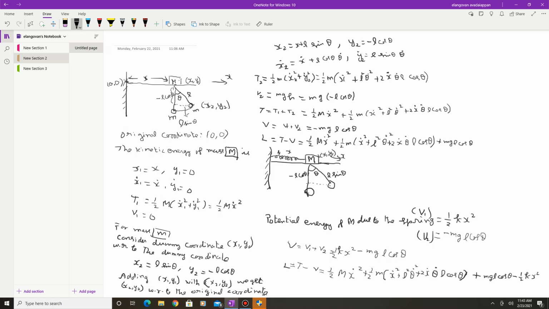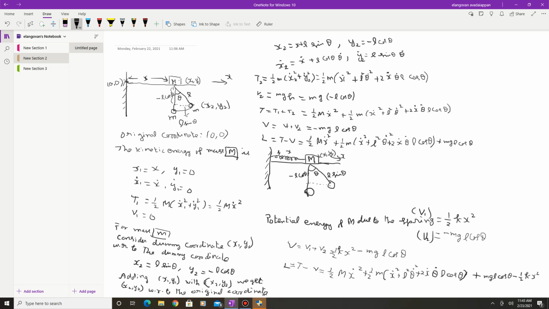Now in this case, the potential energy of the block of mass M due to the spring is equal to half kx square. Previously the potential energy of the block was 0, since there was no spring. But here, since a spring is connected to the block of mass M, there is a potential energy due to the spring, which you have to include. So half kx square is the potential energy, and the potential energy of the bob is minus mgL cos theta, that is already calculated.